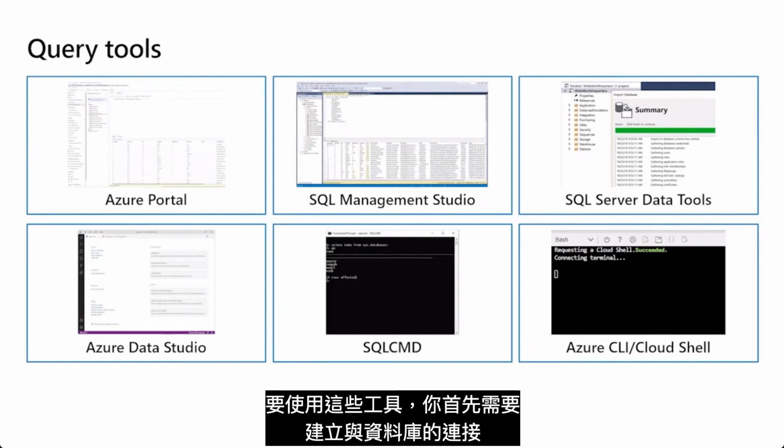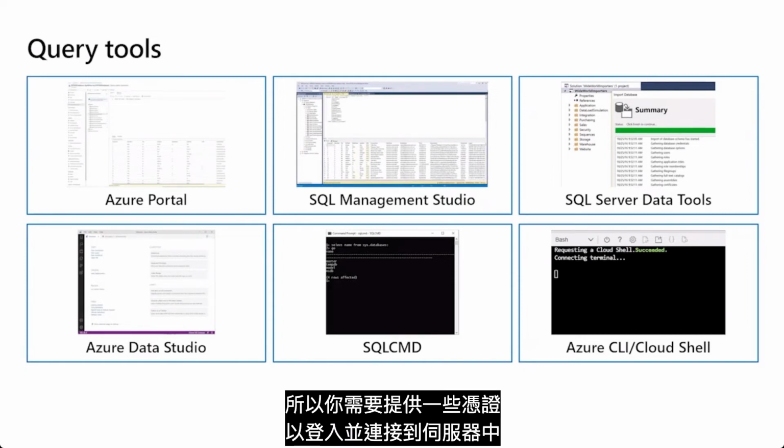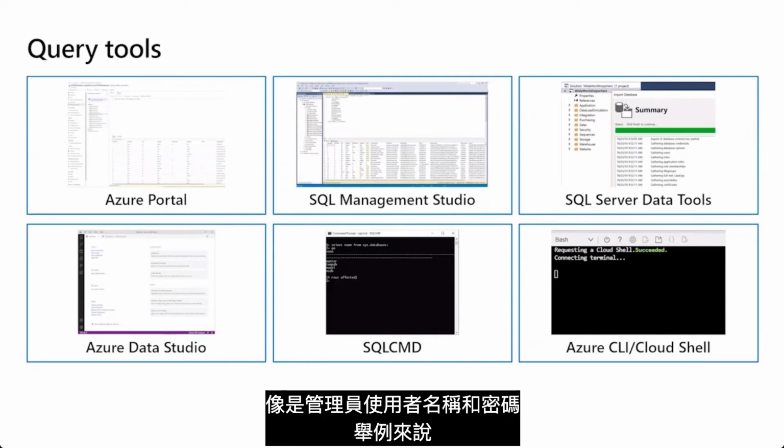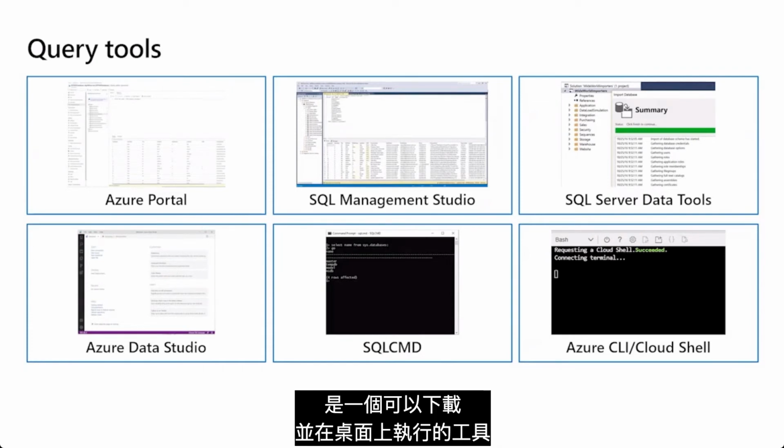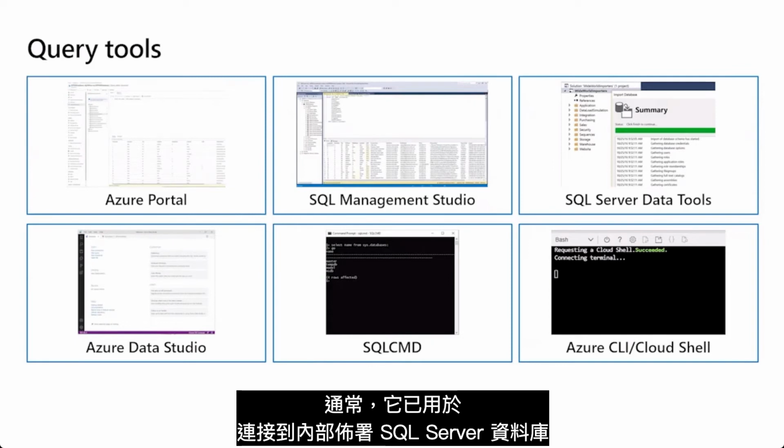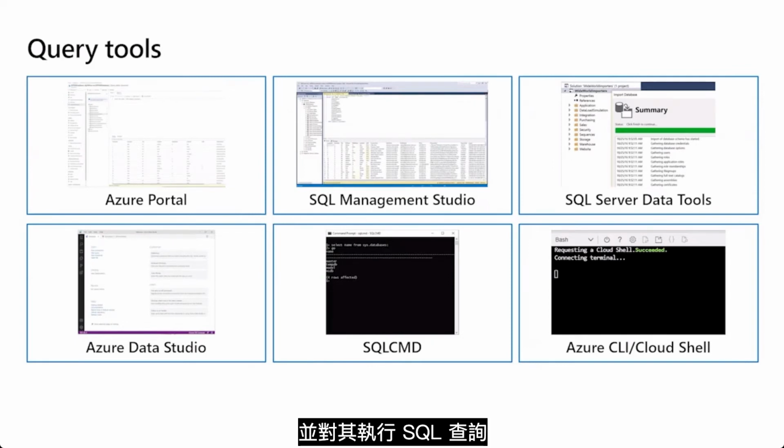To use these tools, you need to first establish a connection to the database. So you'll need to provide some of those credentials to be able to log in to the server and connect to it. So the admin username and password, for example. Now, SQL Server Management Studio is a tool that you can download and run on your desktop. And typically, this has been used for connecting to and executing SQL queries to on-premises SQL Server databases.